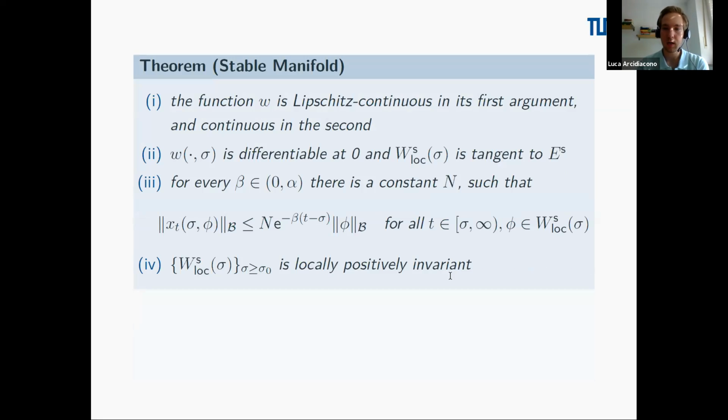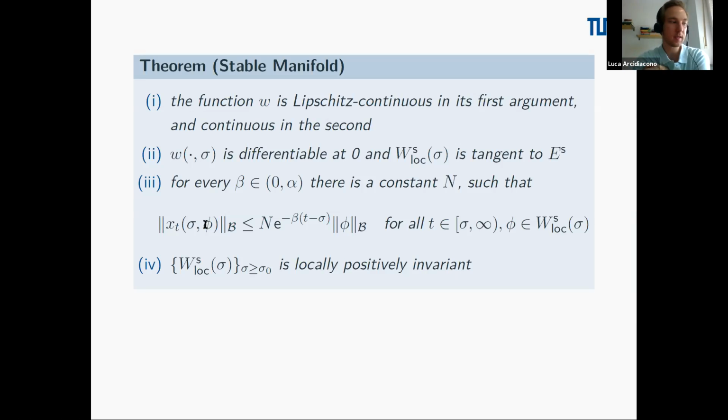So it is continuous, in fact even continuously differentiable at 0, tangent to the stable eigenspace. It is locally positively invariant, and it satisfies an exponential estimate. So on this stable manifold, initial conditions decay exponentially towards 0. They are not only bounded, but decay exponentially.